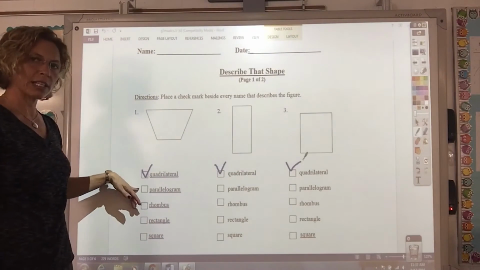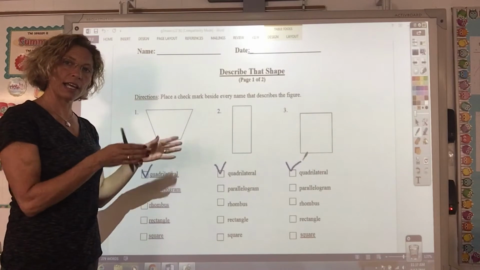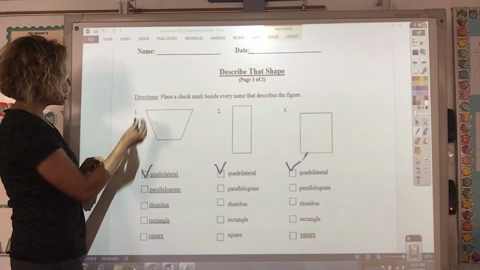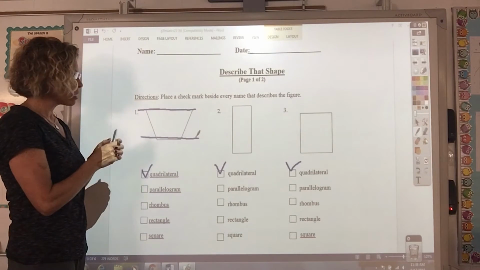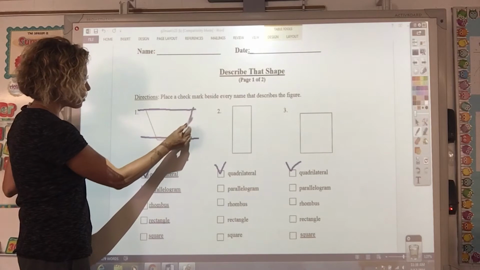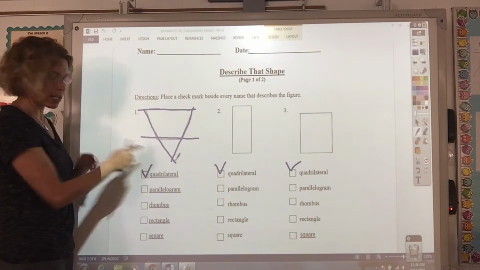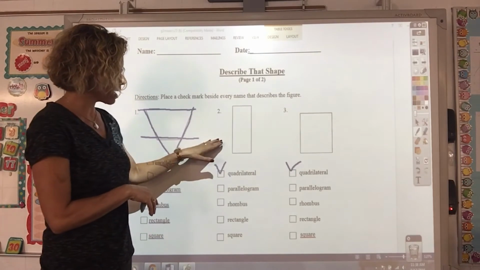Now, is it a parallelogram? We know that a parallelogram has opposite sides that are parallel. So let's look at this trapezoid. We know that these sides, a parallel will go on forever, but remember in the other videos we learned that these two will intersect. So a trapezoid is not a parallelogram. Let's move to the rectangle.